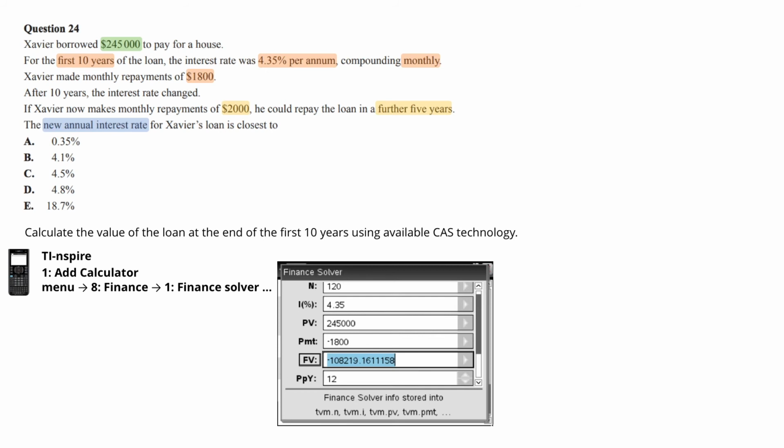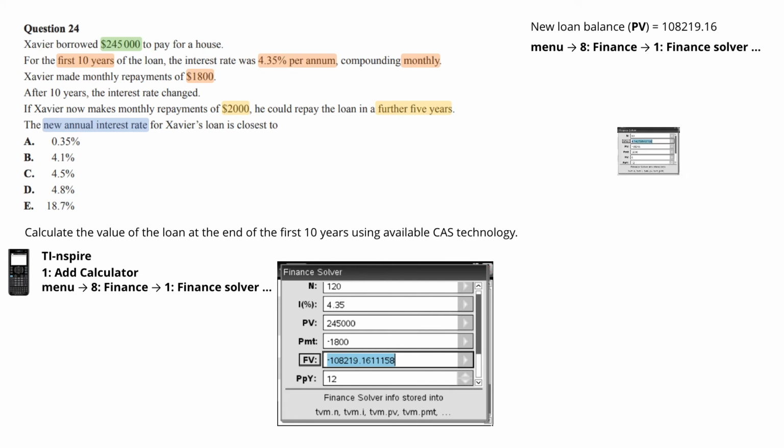The principal value is $245,000. The monthly repayments are $1,800, and the payment periods and the compounding periods are 12. So the future value, or the value of the loan after 10 years, is $108,219.